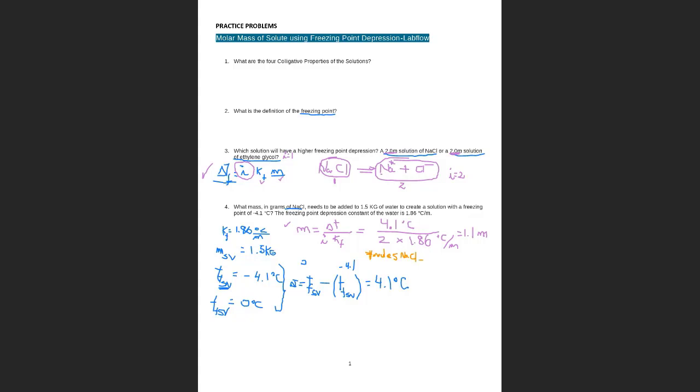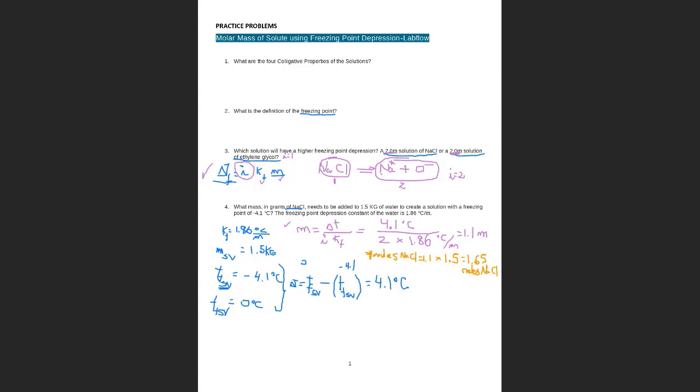All we have to do is multiply the molality times the kilograms of solvent, that is 1.5, and we are going to have 1.65 moles of sodium chloride.